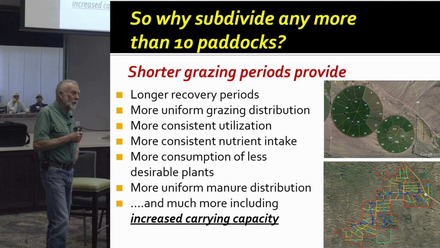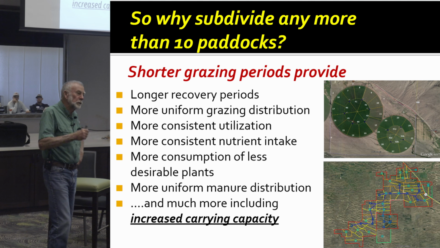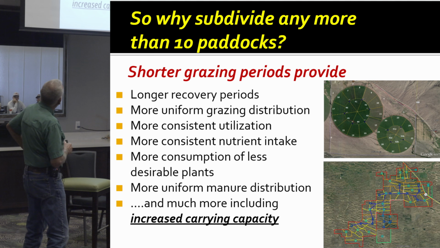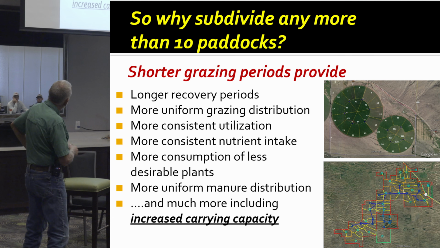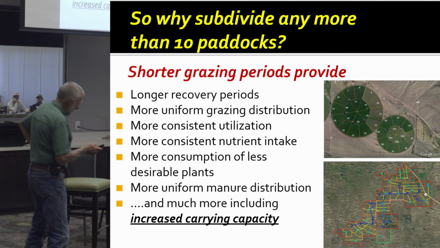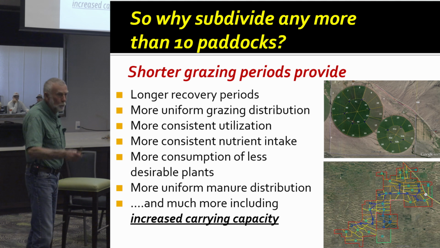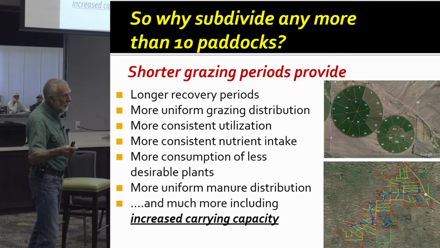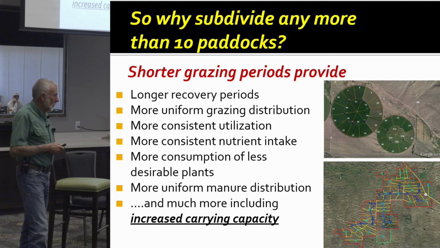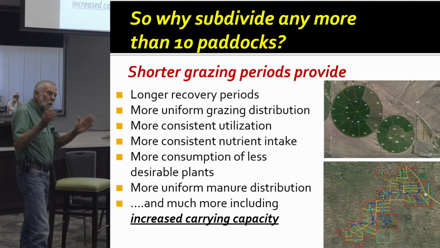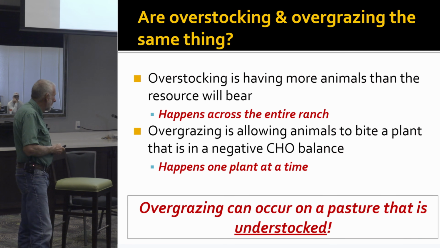And a lot of this is tied to how it changes the stock density at which our herds are grazing. But shorter grazing periods give us all of these benefits, and the bottom line of all of those benefits is increased carrying capacity. And increased carrying capacity allows us to increase stocking rate, which raises the revenue stream of the ranch. The key is we need to cost effectively shrink these increments of time.